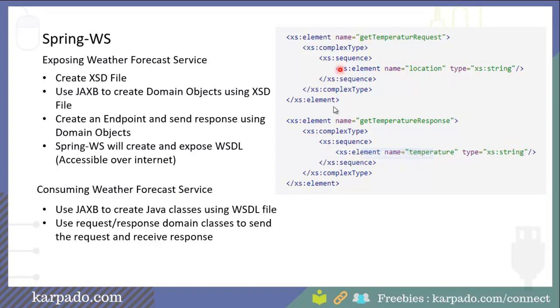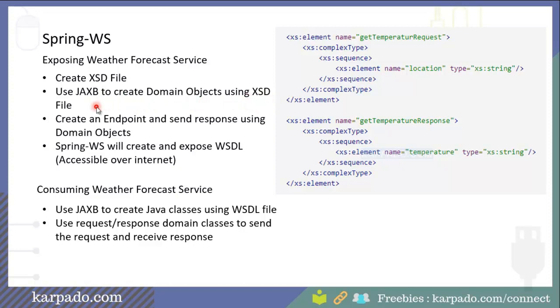And using this XML document, we're going to use a tool called JAXB, which will be a Maven plugin or Gradle plugin depending on the project management tool you're using. We use this plugin in order to create domain objects using this XSD file.